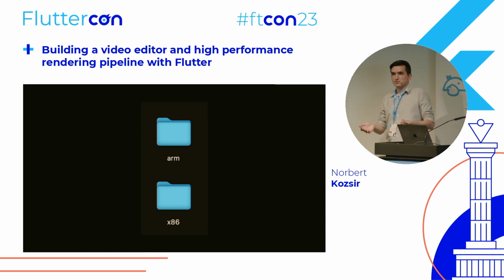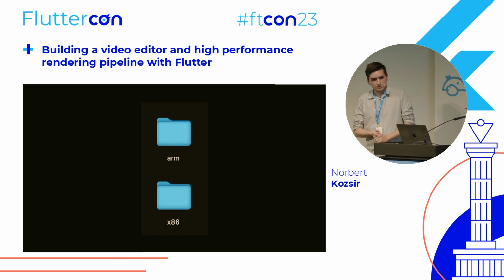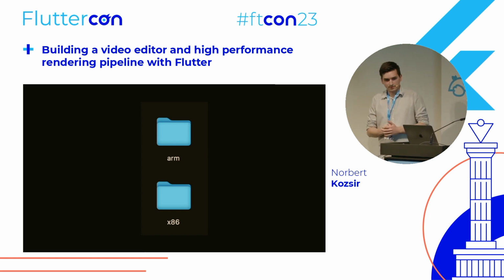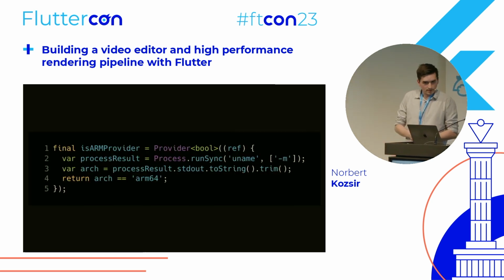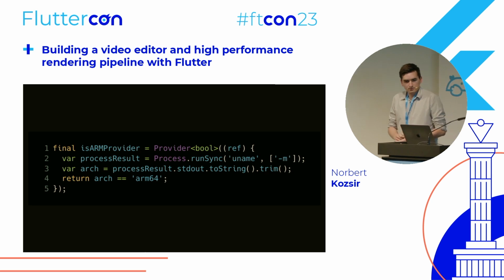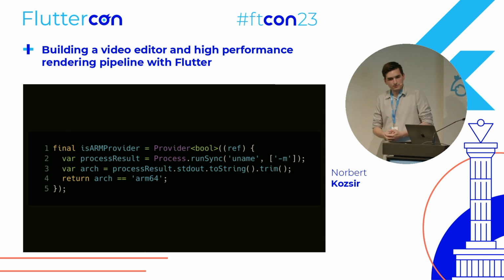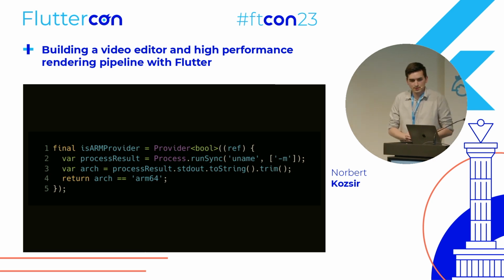I decided to distribute them both in the same executable, so users wouldn't have to choose between them. It increased the size, but only by a couple of megabytes, which shouldn't be too big of a deal. And in Flutter, I just use Riverpod, where I run uname -m to check if it's an ARM or an x86 target, and then call the right backend, which is just an executable to call.